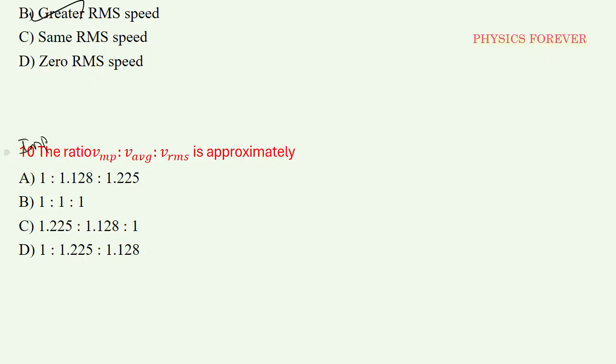This is also a ratio. Then what is the order? Small, medium and large. You have to see that small, this one is larger, so we neglect that option. Next, small, next one is then comparing to small, next one is higher, so option B is cancelled.